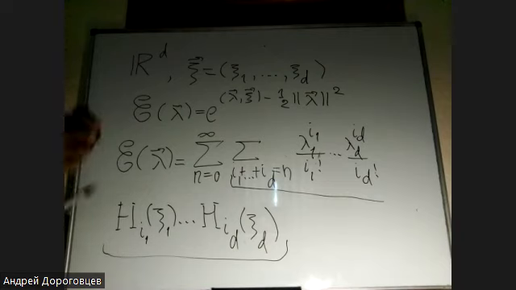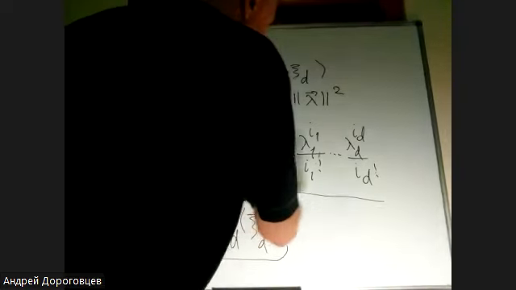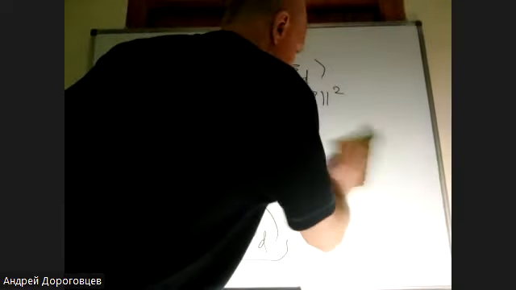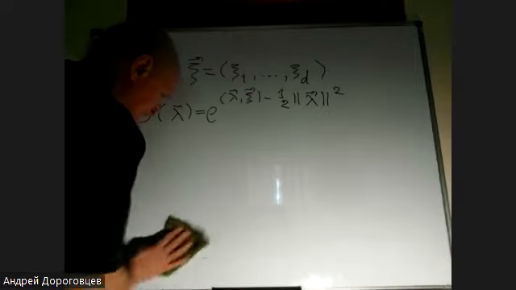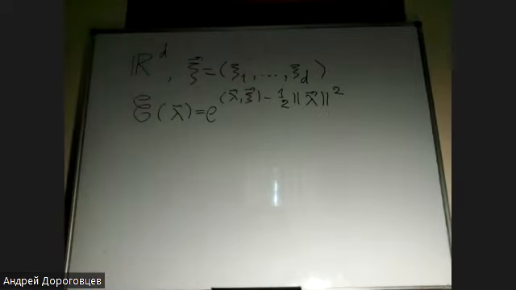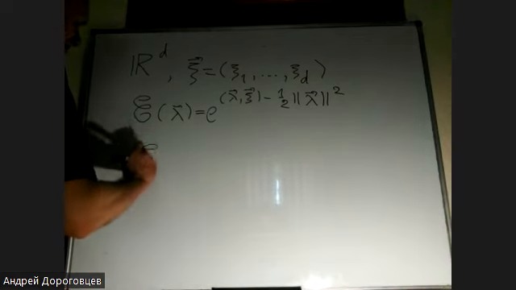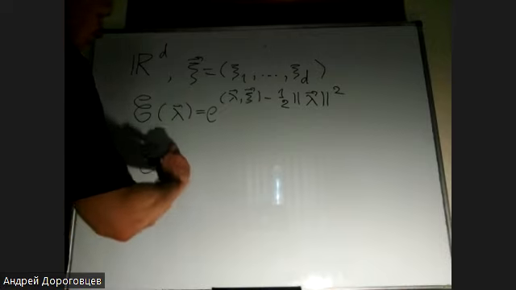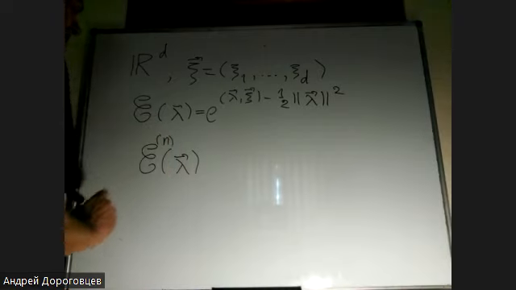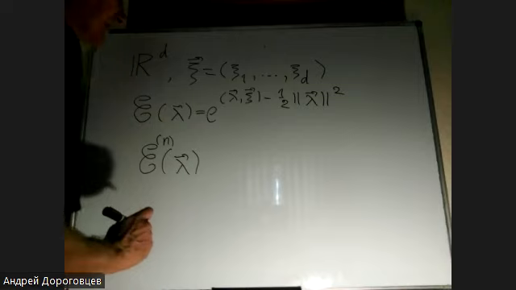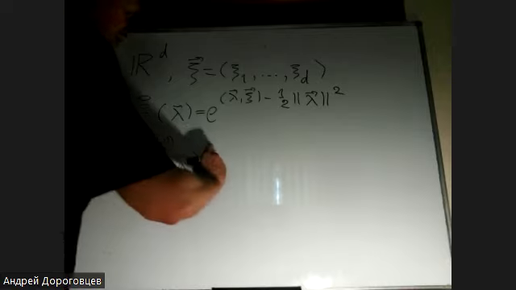So now one can imagine that I can introduce just derivatives of stochastic exponent, like n derivative, and then I know what is it.